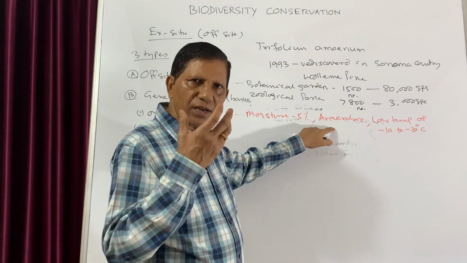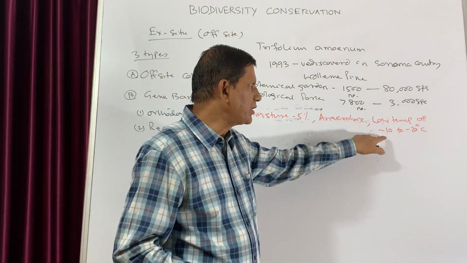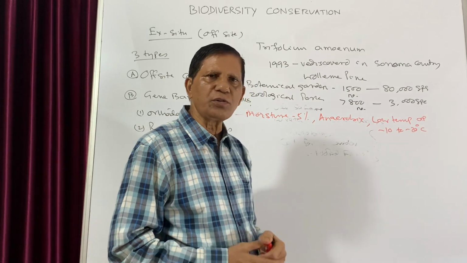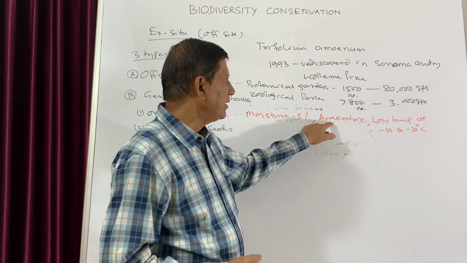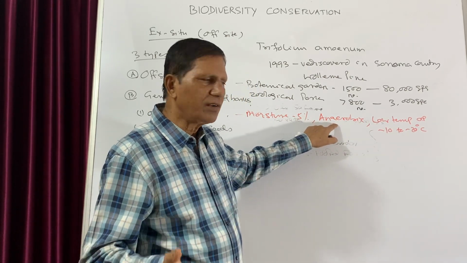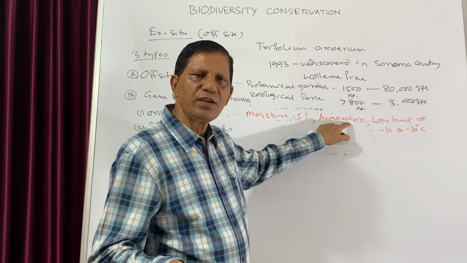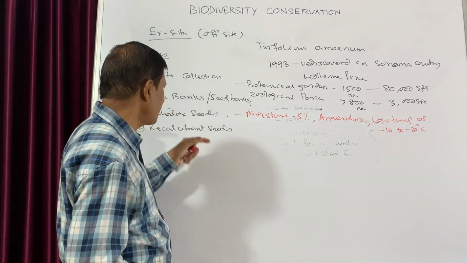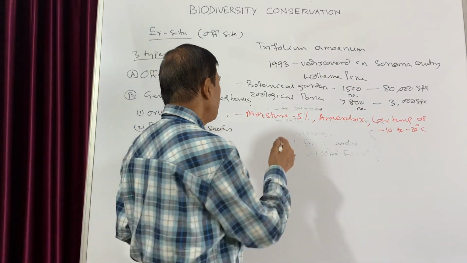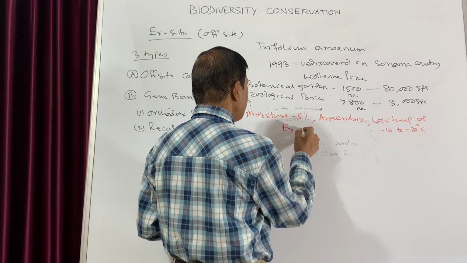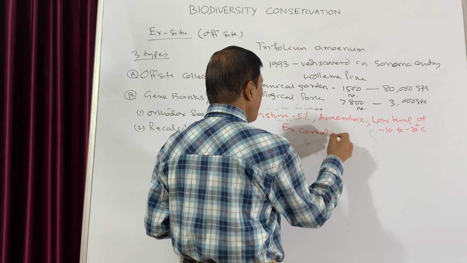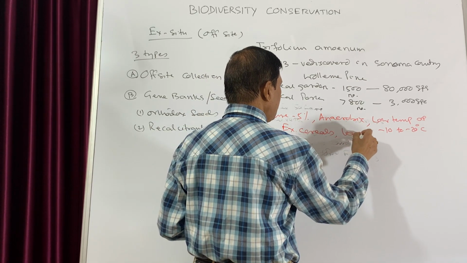Then we conserve them at a low temperature of -10 to -20 degrees centigrade, because there is no hydration, there will be no enzymatic activity, and the condition is anaerobic. These seeds are known as orthodox seeds, and the common examples are cereals and legumes.